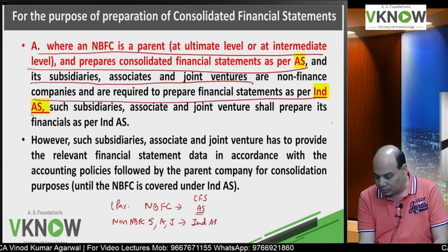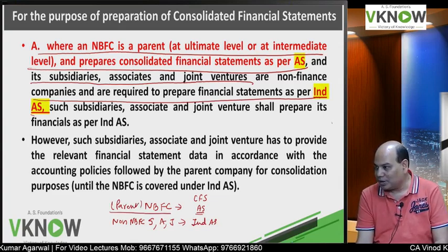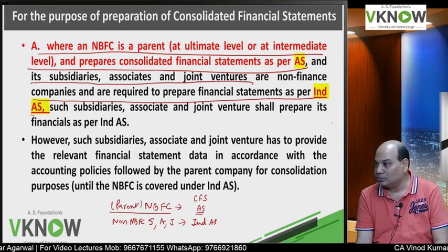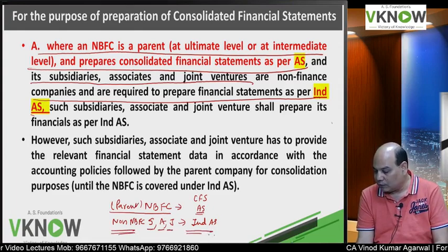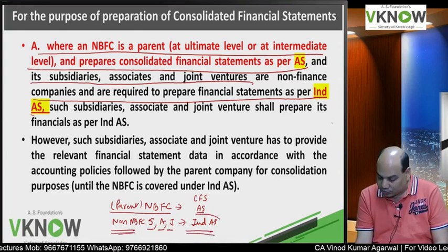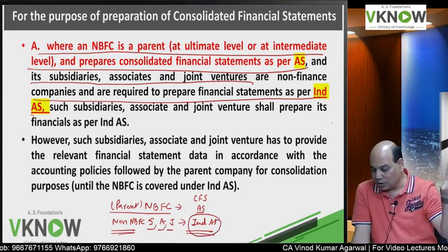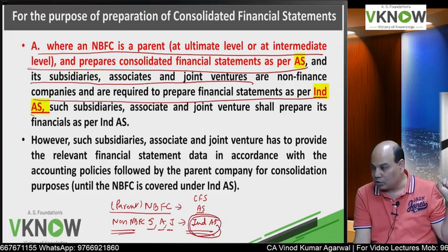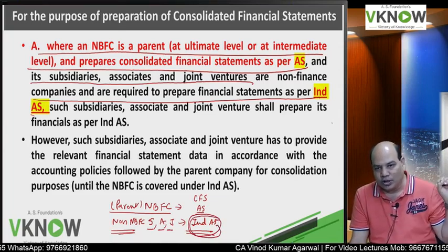Parent company is an NBFC. Parent company NBFC is not following Ind AS. Subsidiary or associate or joint venture which are non-NBFC, they are following Ind AS. So now the question is, in the earlier part of the discussion we have seen, if Ind AS becomes applicable to one company, its parent will also follow Ind AS.